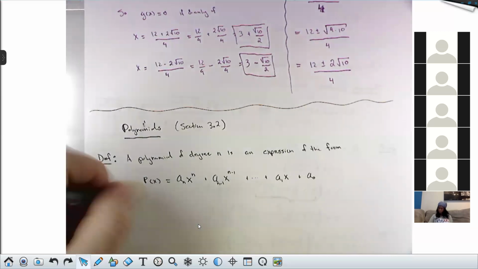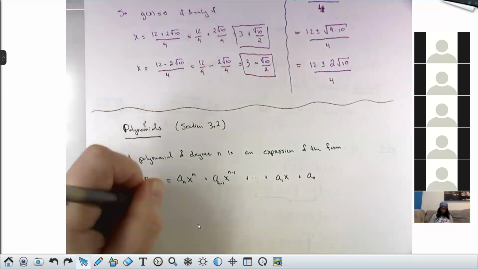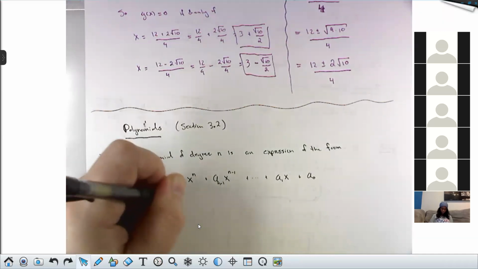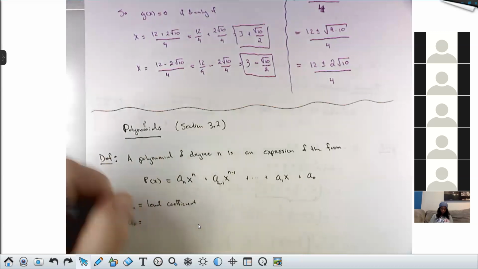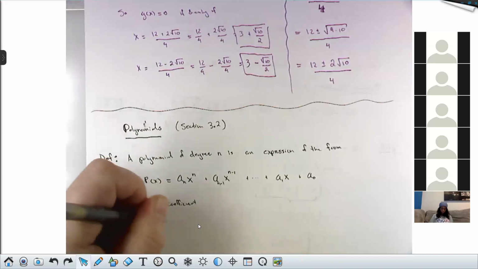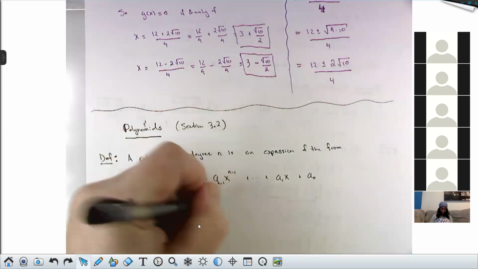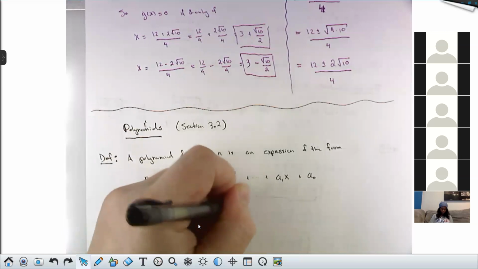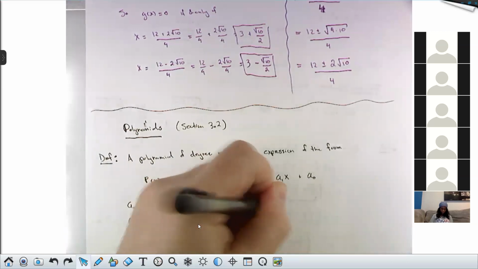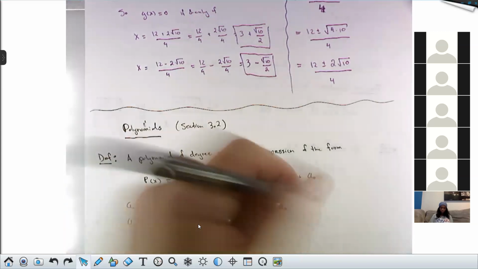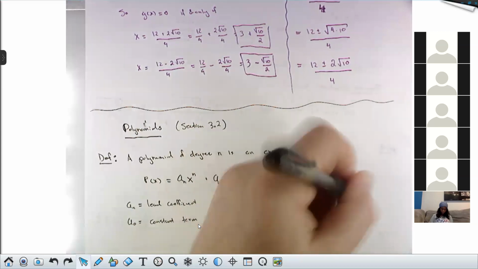So some terminology here. a_n, the number up front, is called the lead coefficient. a_0 is called the constant term. And all the numbers like a_(n-1) down to a_0, these things in general are called coefficients.